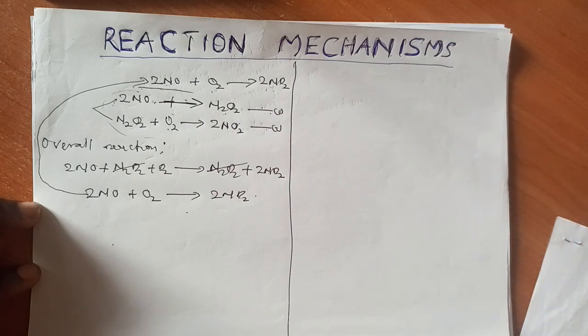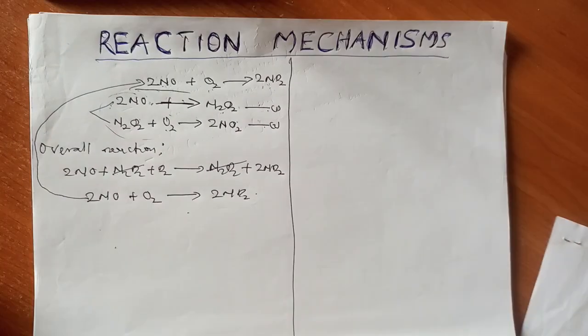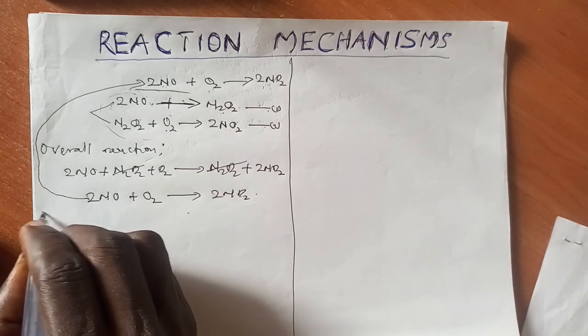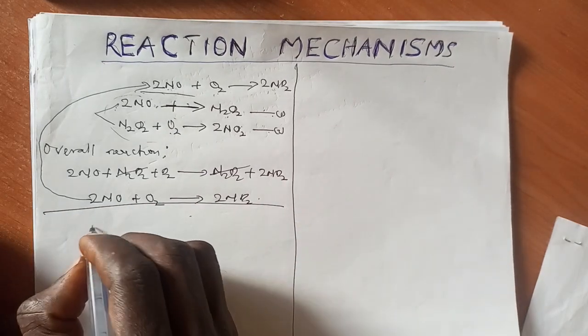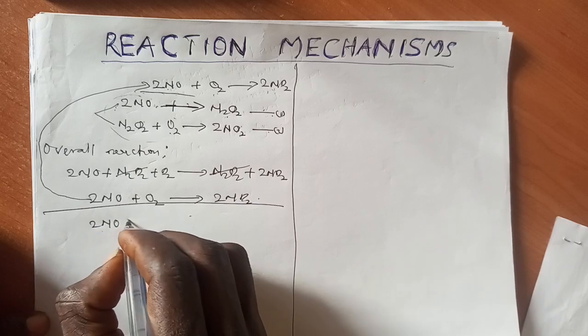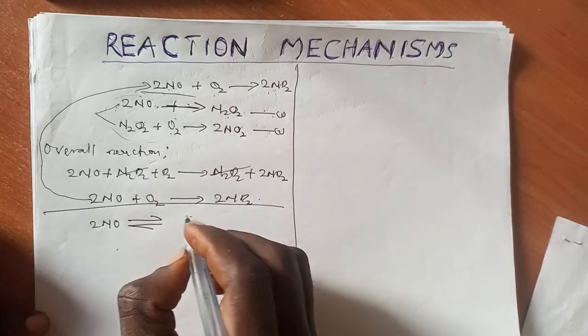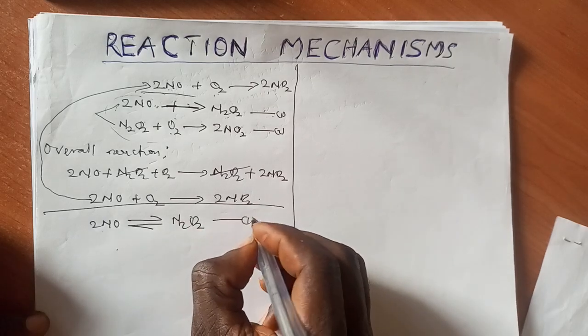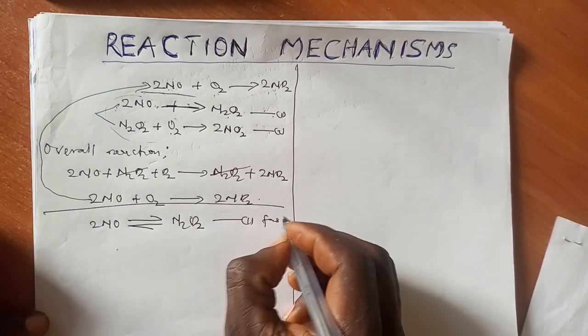Let's look at this case again. Look at this reaction. The mechanism of the reaction is given, which is 2NO going to N2O2. This is our step one. We are told that our step one is fast.